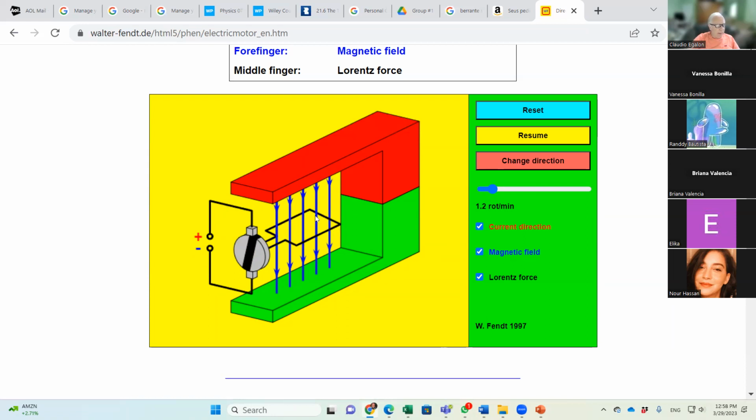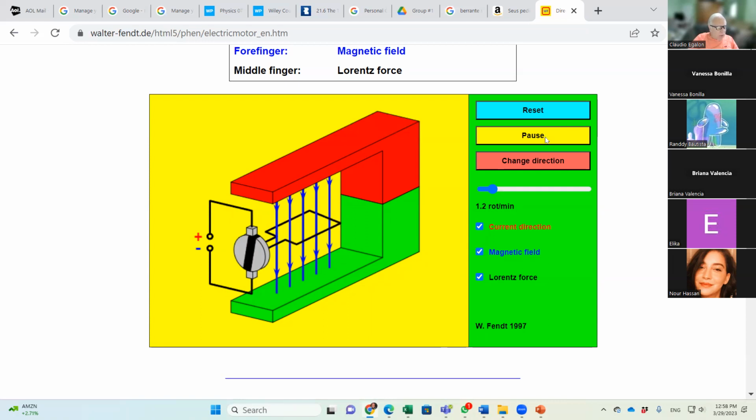You go ahead, do the right-hand rule. You're going to have a magnetic force in this direction and another magnetic force in this direction. But because those two forces are collinear, the net force is going to be zero. And at this very moment, the torque is going to be zero, because those two forces are collinear. Make sense? Okay, we resume.